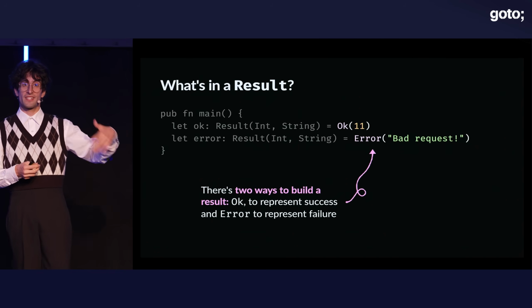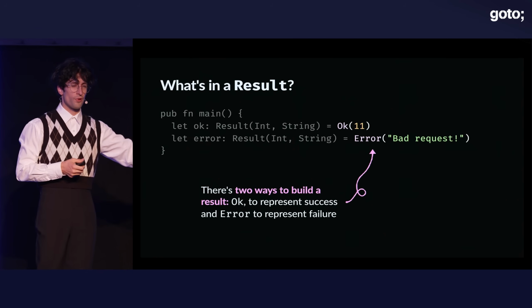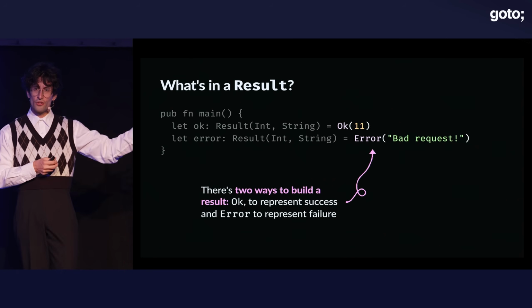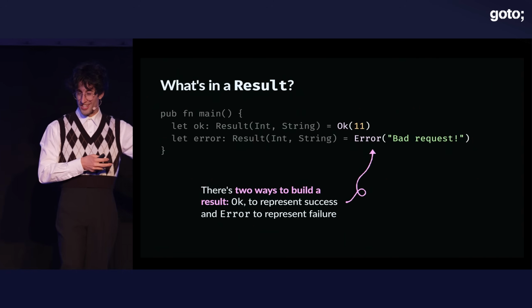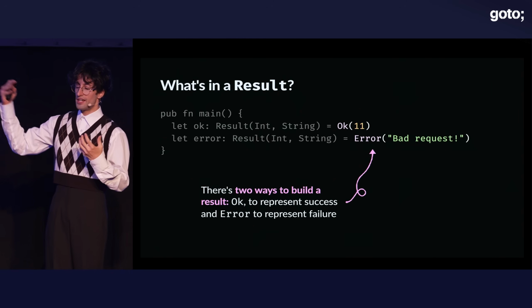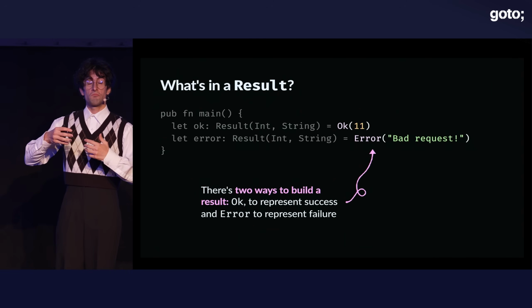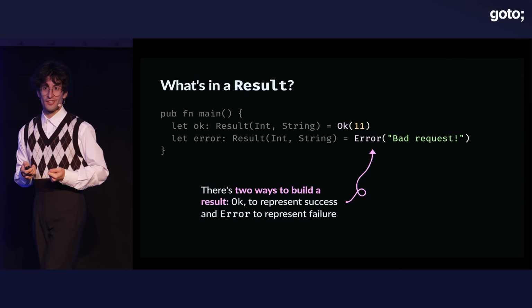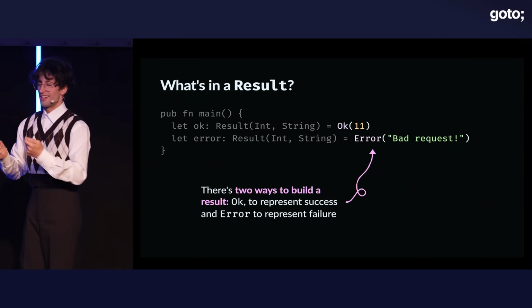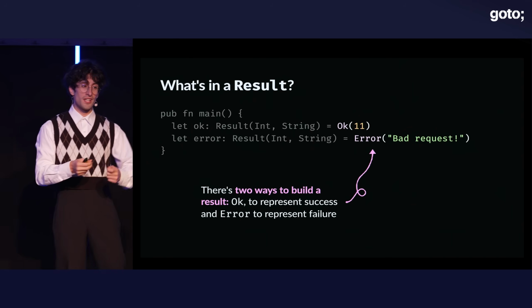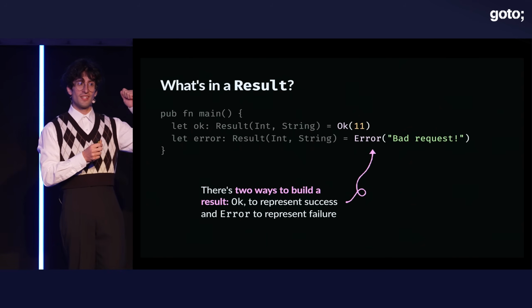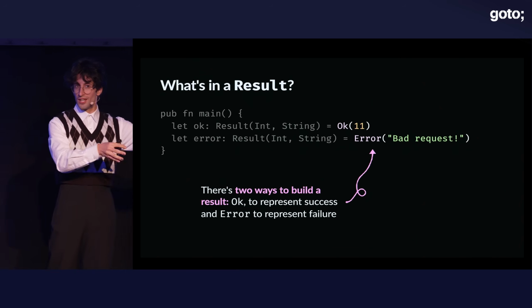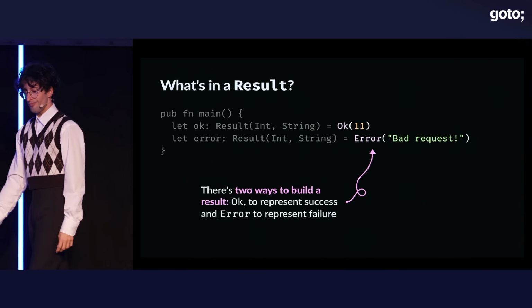So not only do you have a success case where you have your response, or whatever it might be you were looking for, a user, a Pokemon, whatever, but you can also have the error case where you have maybe some information about why the thing you wanted to do failed. Well, I couldn't make an HTTP request because I had no internet connection, because the server didn't reply in time, or whatever the reason might be.